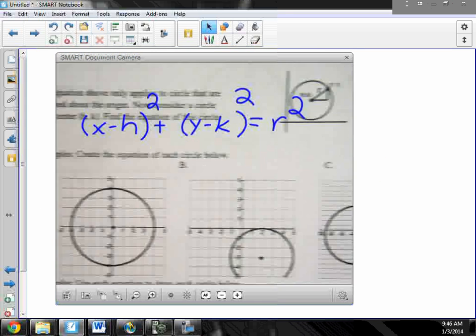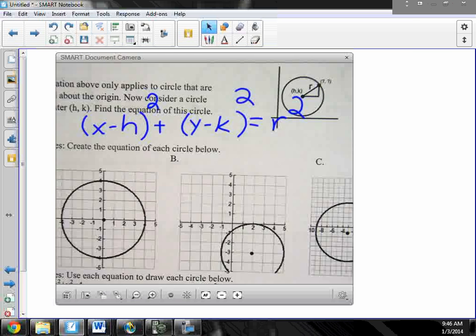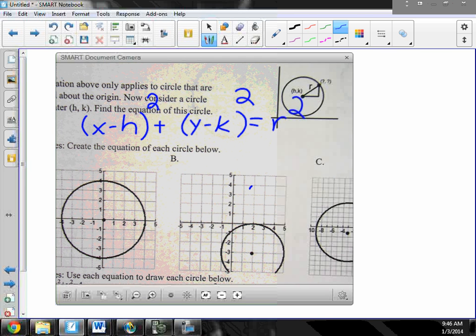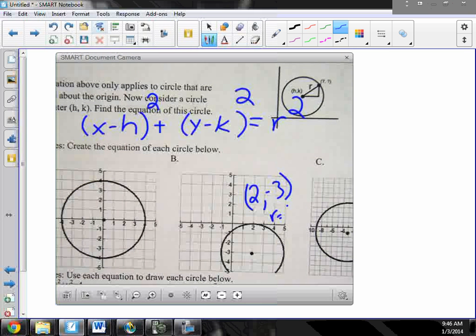Next circle. My h, k is 2 comma negative 3, and my r is 3. Everybody agree with that? All right.